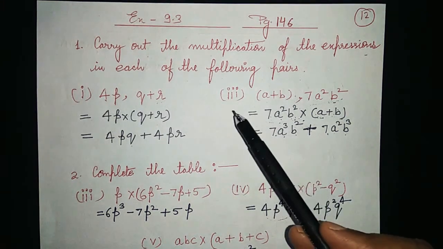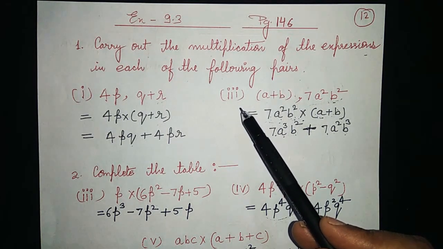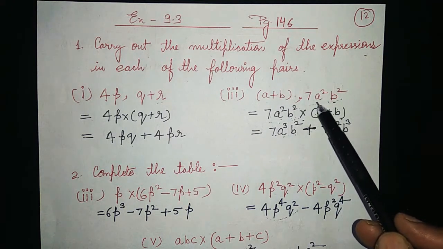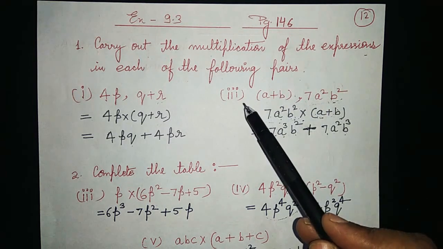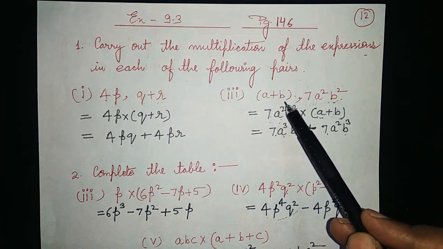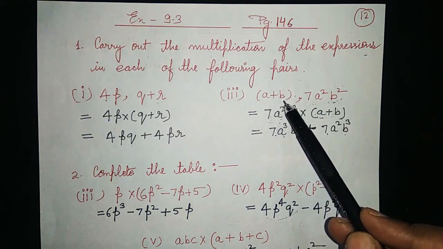Now, see the third part of the question number 1. Here, a plus b, we have to multiply by 7a square b square. In this part, we can see a plus b is a binomial because it has two terms a and b.